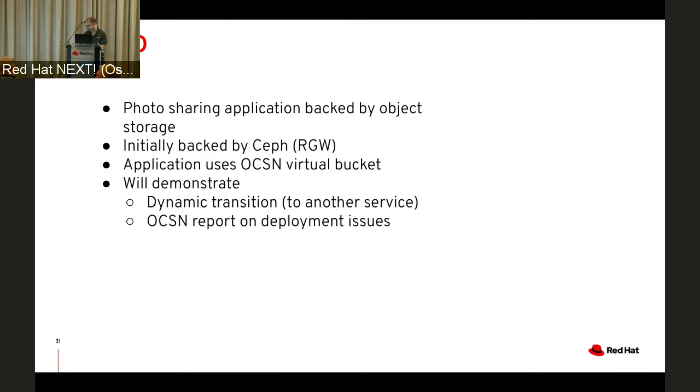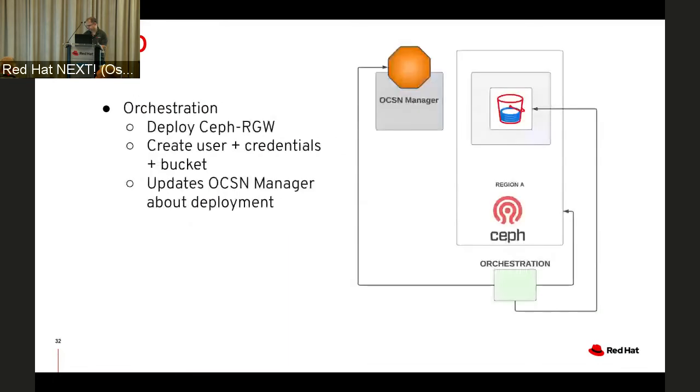So the first step would be to orchestrate deploying Ceph, and the orchestration module would update the OCSN manager about the deployment status. So let's do that. It'll take a minute.